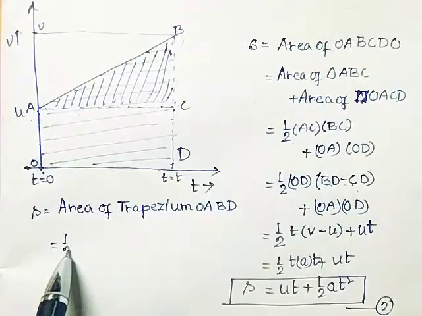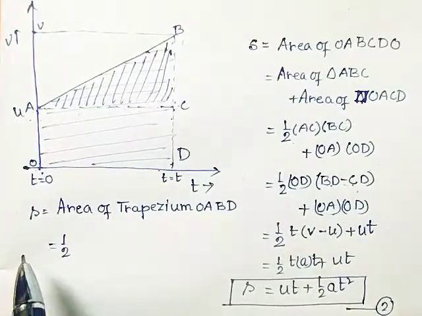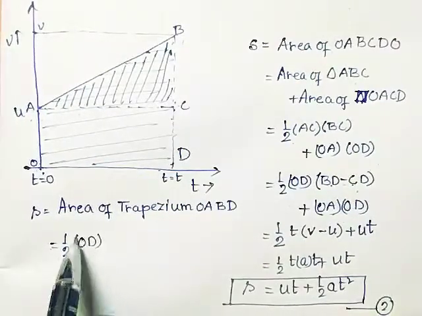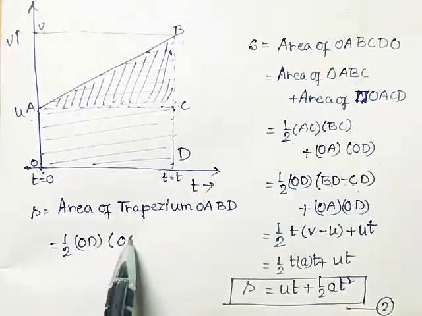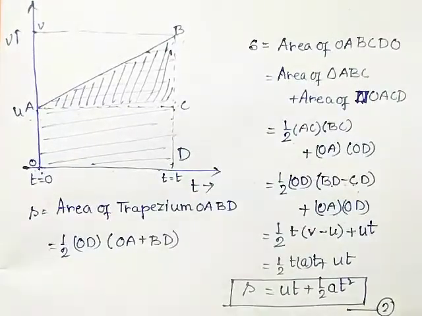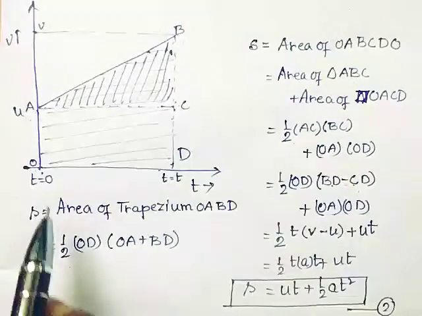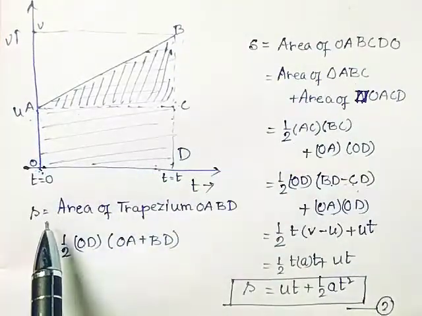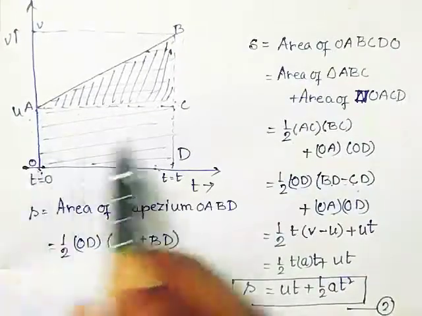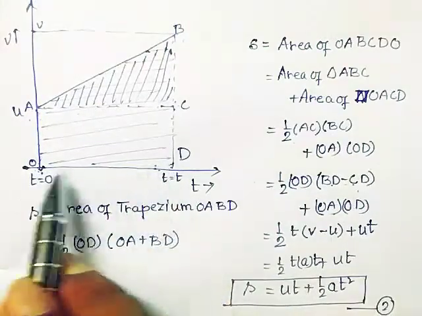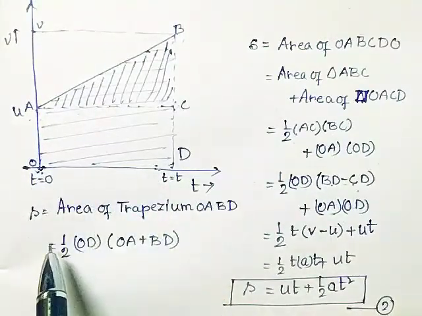We all know that the area of the trapezium will be half of OD into OA plus BD. OD is the perpendicular distance between the two parallel sides.